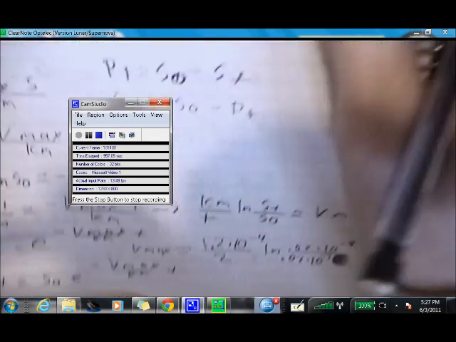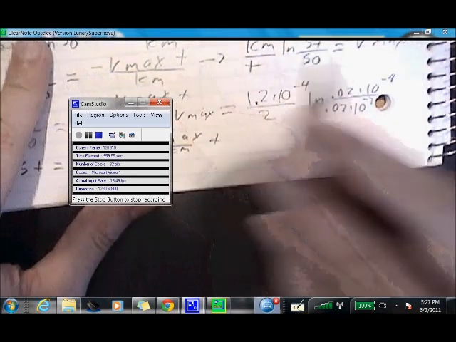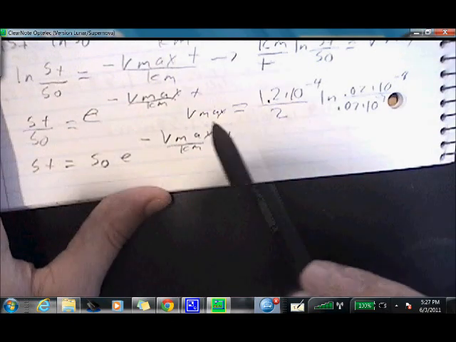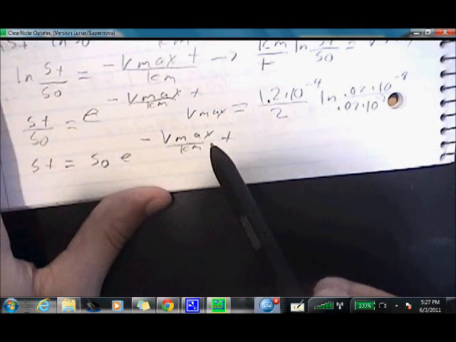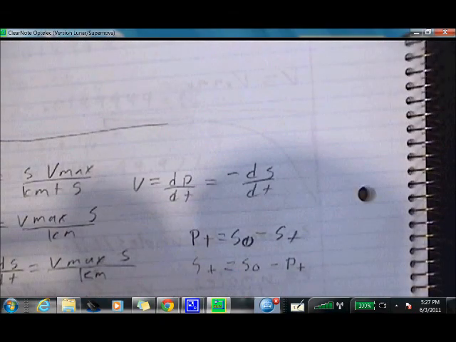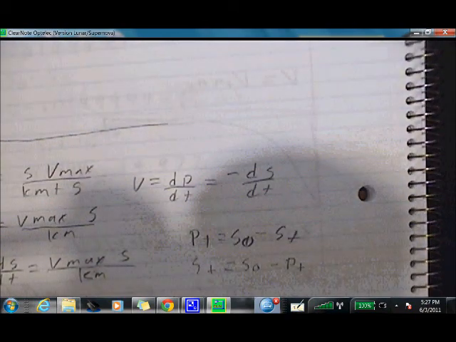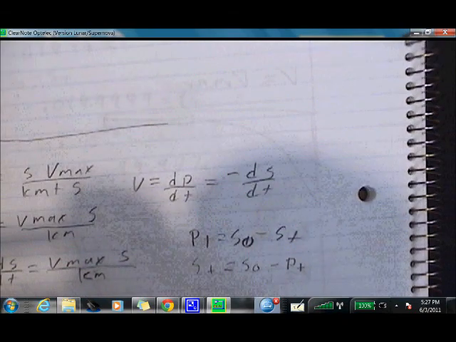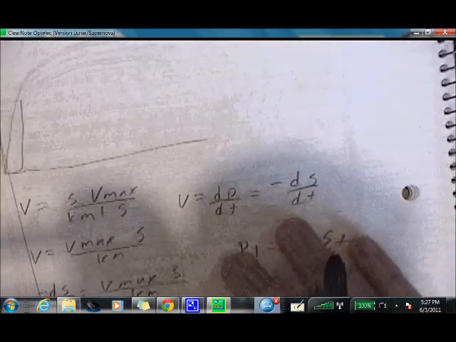We can take the Vmax and plug that back into this equation. Okay, and then we'd get our ST. You're able to solve any of these equations given any of this.